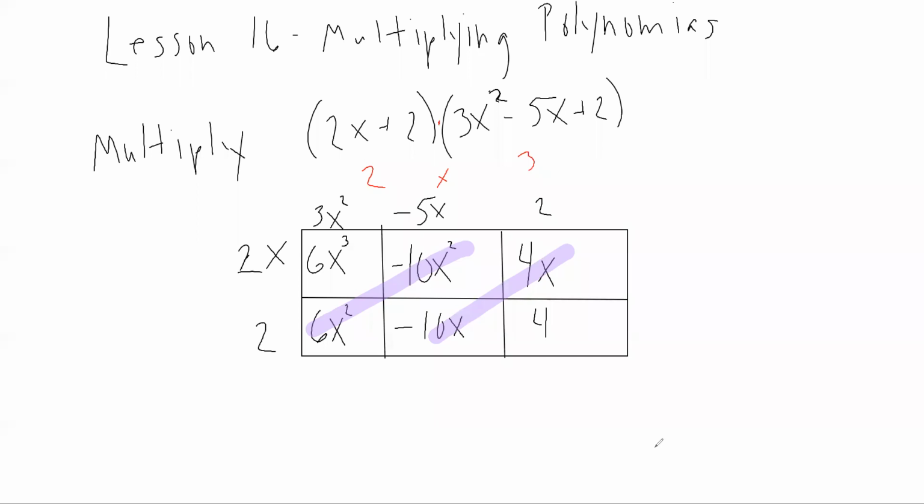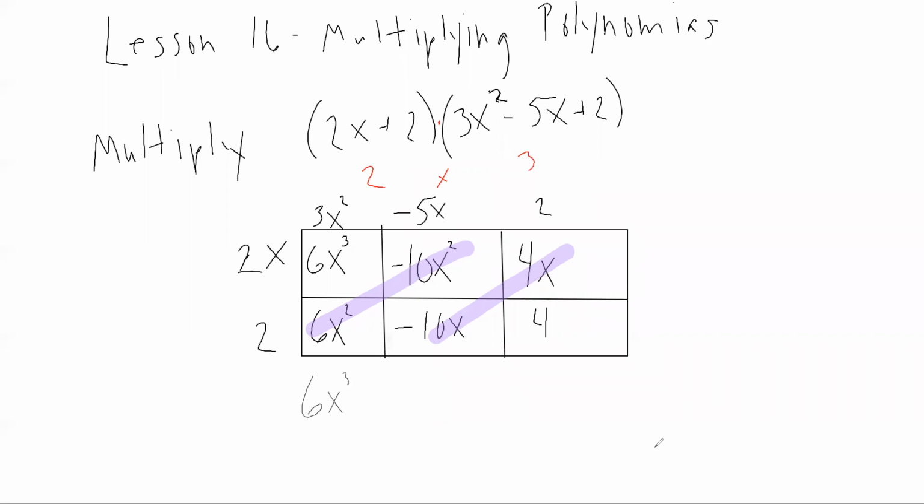So now I'm going to remember to write my final product in standard form. Standard form being your highest exponent to your lowest exponent, ending in your constant. So I'm going to start with my 6x cubed, right?